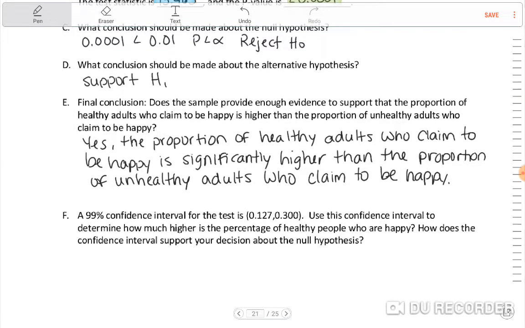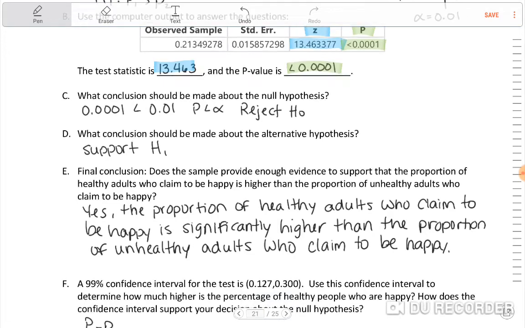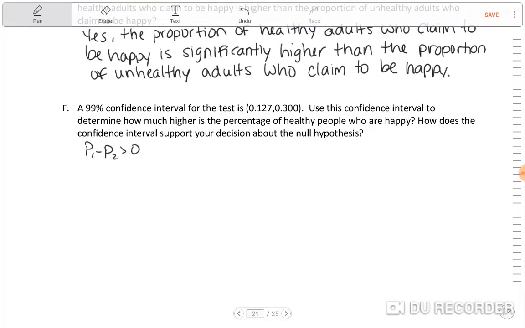A 99% confidence interval for the test is given here. Use this confidence interval to determine how much higher is the percentage of healthy people who are happy. So how much higher? Well, remember this is the difference, right? So we're saying p1 minus p2 is greater than 0.